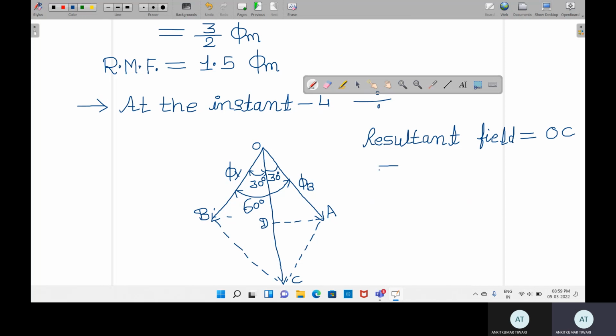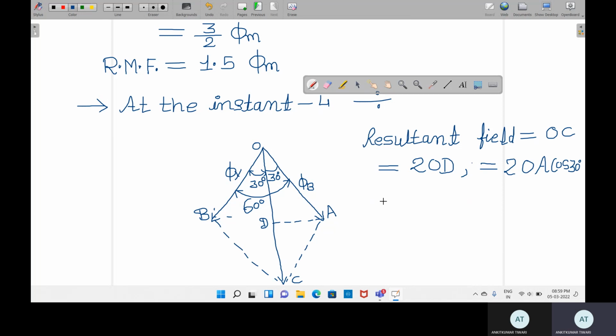OC will be divided into two parts, which is written as 2OD, and OD is equivalent to the OA or OB vector. So either I will consider OA vector with respect to OD, or I will consider OB with respect to OD. Let me consider OA. So 2 OA into cos 30.